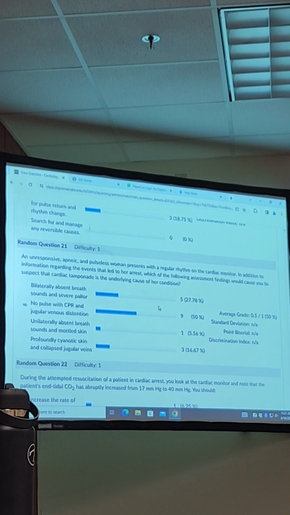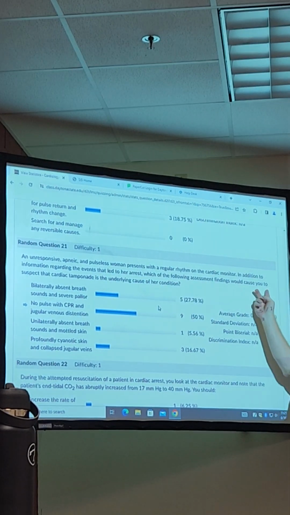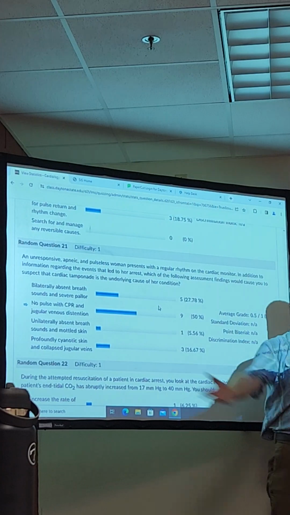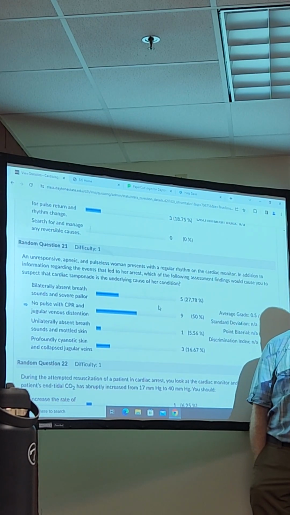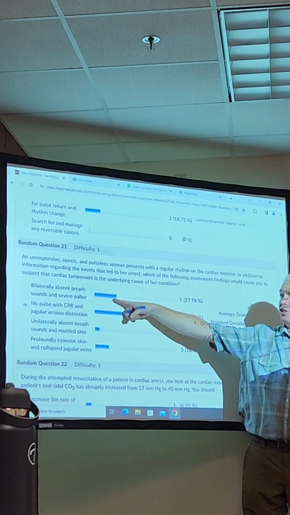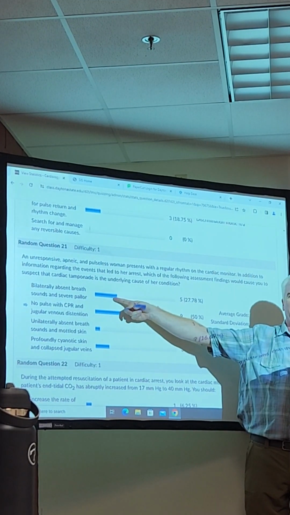Unresponsive, apneic, pulseless woman has a regular rhythm on the cardiac monitor. Condition information leading to arrest, which of the following would cause you to suspect cardiac tamponade? Any assessment that makes you suspect cardiac tamponade is an H and T. Absent breath sounds? Well, she's in cardiac arrest, she's not going to have breath sounds.